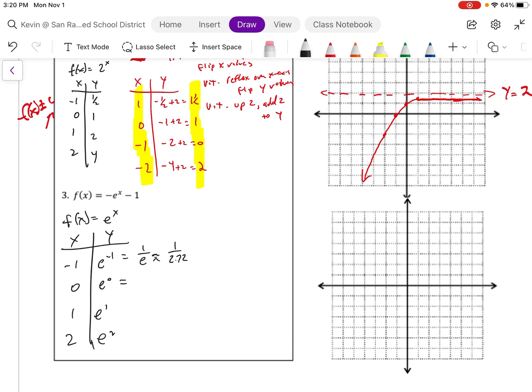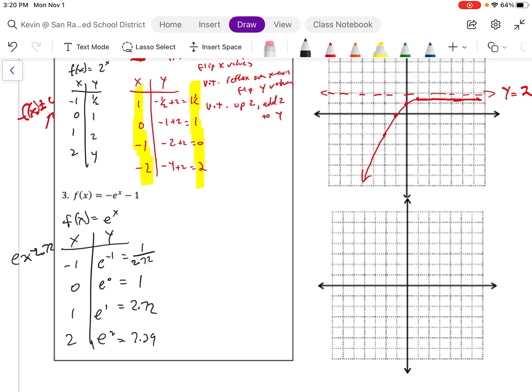This is 1. This is 2.72. And this is 7.39. E is approximately 2.72. I'm going to clean this up since I'm going to have to put this in here: 1 over 2.72.